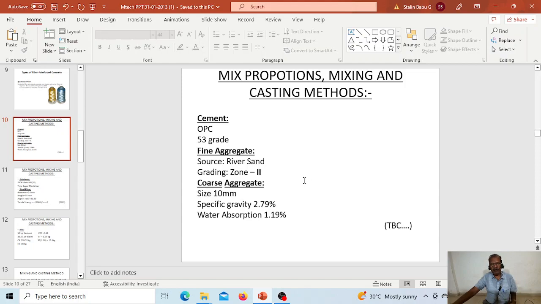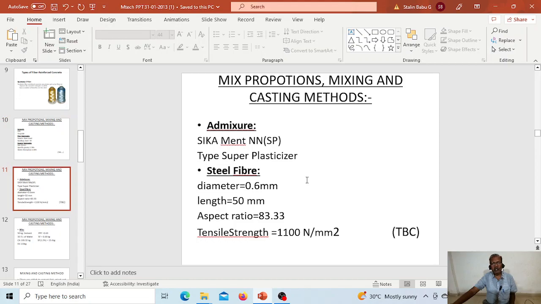Specific gravity of that is 2.79 and water absorption is 1.19 percent. Water absorption is generally 0.06 to 0.8, but here the water absorption capacity is 1.19%. Admixture: Secament NN is a superplasticizer.